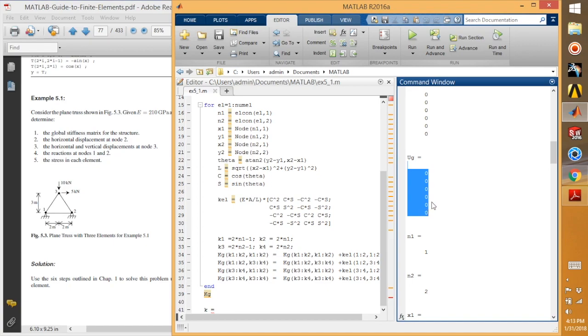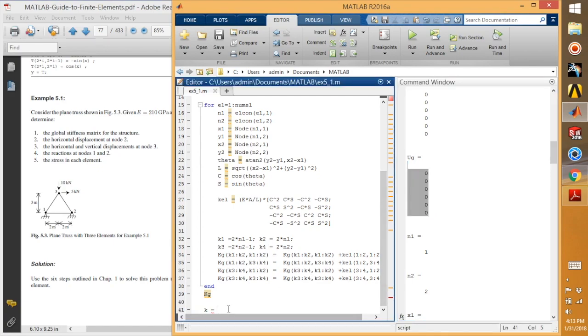So I'm going to use these and find the displacement. Let's take the k from here, so we have 3, 3 and k global matrix 3, 5 to 6.